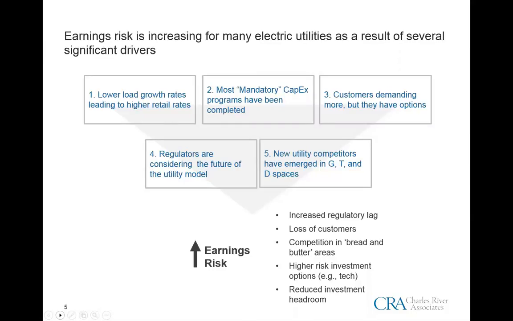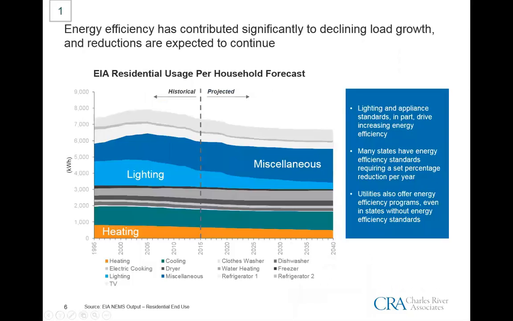So the next slide, we want to talk about each of these drivers in a little bit more detail. So first of all, in terms of load growth, depending on where you are in the country, this is something you've had challenges with, or it's been robust if you're down in Louisiana, perhaps. But generally speaking, energy efficiency is contributing to significantly declining load growth and reductions.